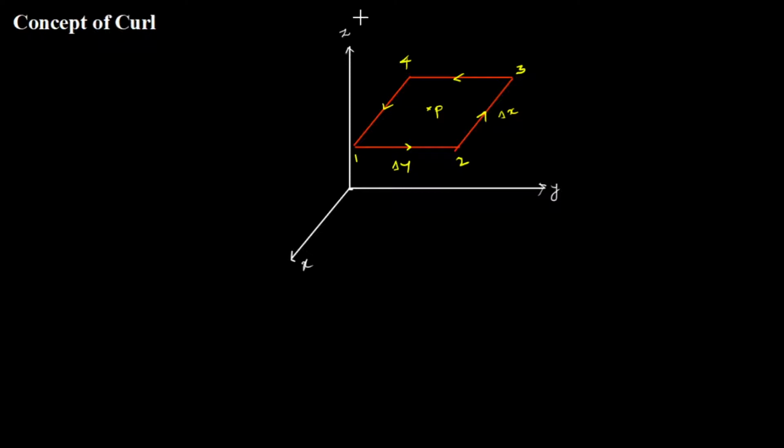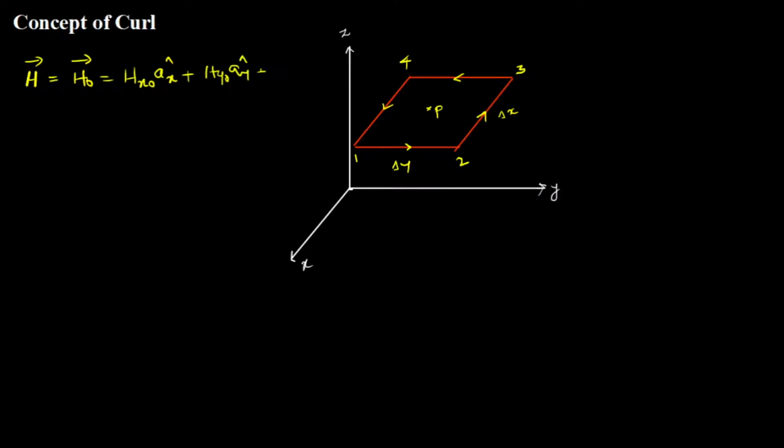So I am trying to find the magnetic field intensity at point P. How can I represent the magnetic field intensity at point P? I can represent it as the initial value of the magnetic field intensity at point P. In general representation, I can say that it is Hx0 ax cap plus the y component, that is Hy0 ay cap.